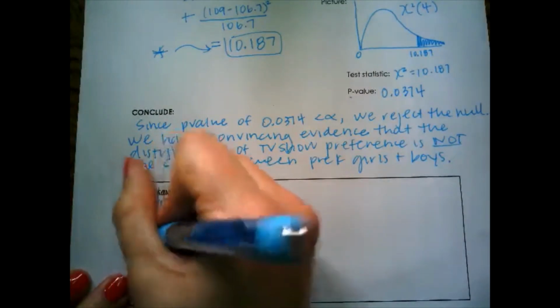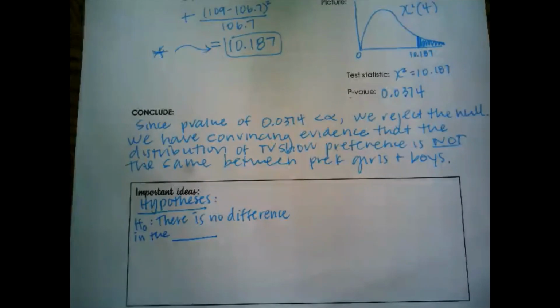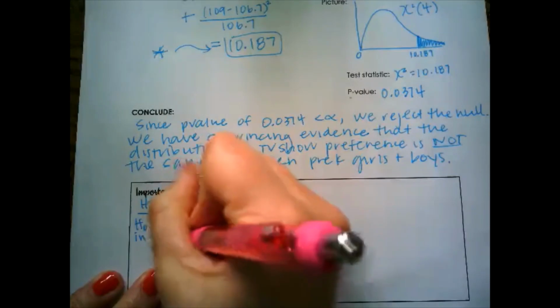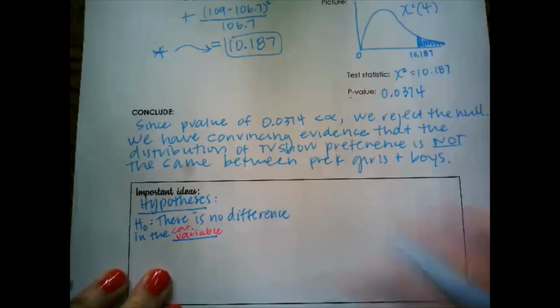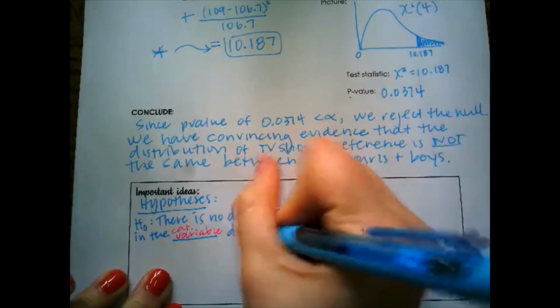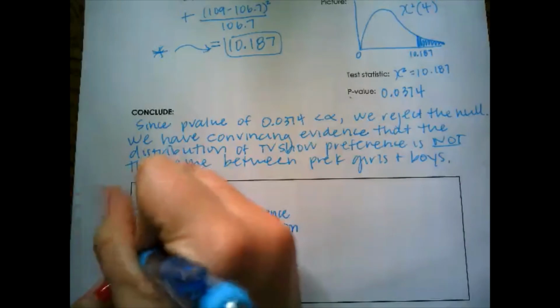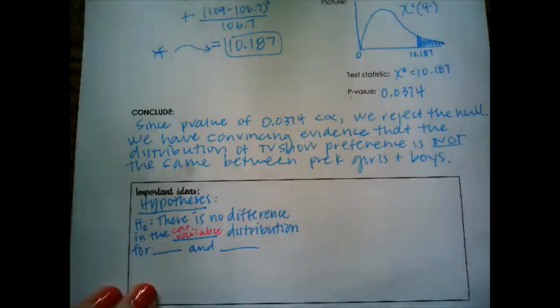So there's no difference in the categorical variable distribution for your two different populations.